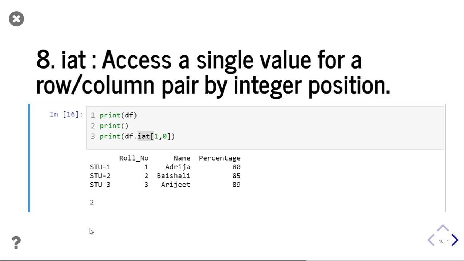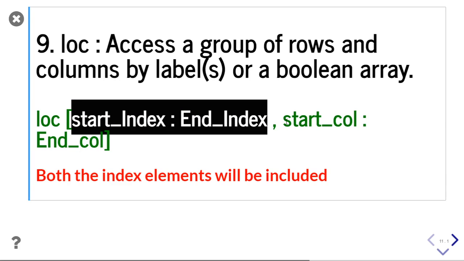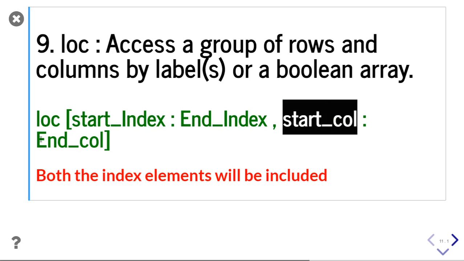So in case if you want to find slice of data frame, you can use our next attribute, that is LOC. So how LOC will be used? In LOC, we will provide our start index, end index of data frame, then start column and end column.